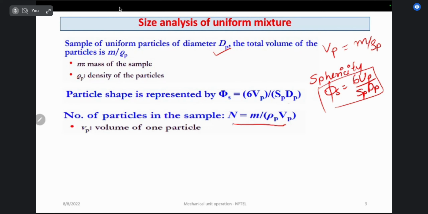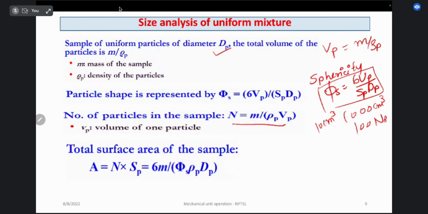So suppose we have 1000 centimeter cube total volume, and 10 centimeter cube for one particle. The number of particles is equal to 100 particles available in the sample. So the total volume is represented in the form of mass and density.